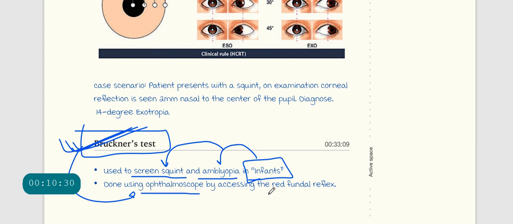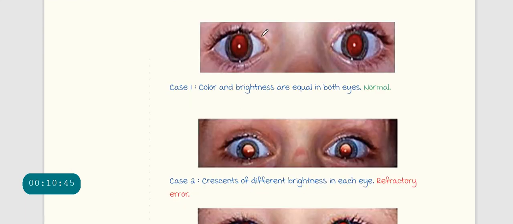Remember, the appearance should be reddish. Let us see an image. So this is the red fundal reflex. Basically when we look at the retina or the fundus, we get a reddish appearance like this.